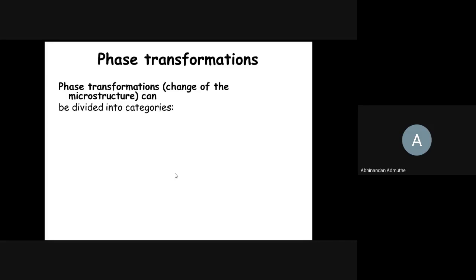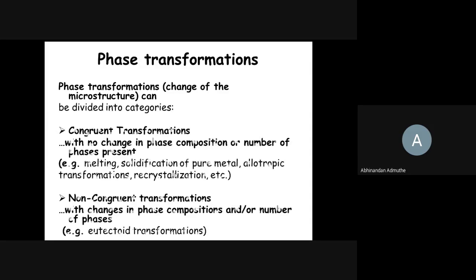So let us start discussion about phase transformations. Phase transformations, or changes of the microstructure, can be divided into two categories: congruent transformations and non-congruent transformations. Congruent transformations mean there is no change in phase composition or number of phases present. For example, melting, solidification of a pure metal, allotropic transformations, and recrystallization.